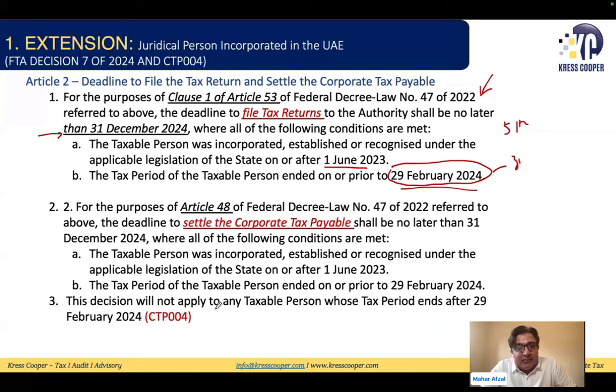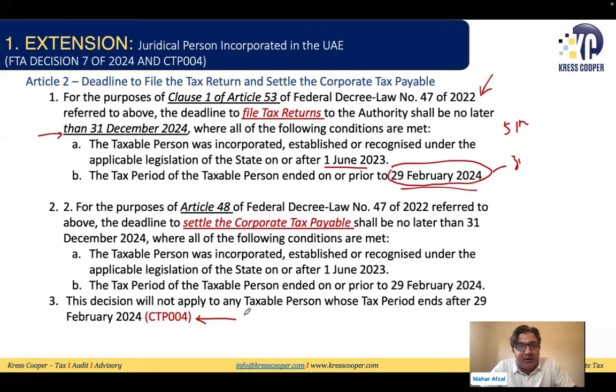And they have given public clarification number 4. They said this decision 7 of 2024 is only applicable for companies whose tax period or financial period is ending on or before 29th of Feb 2024. If your tax period is ending after 29th of Feb 2024, then the provisions of the law will be applicable.